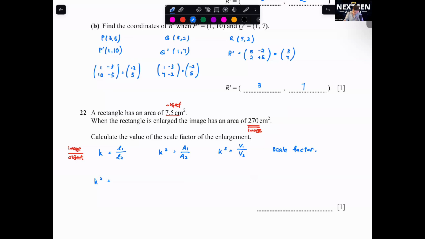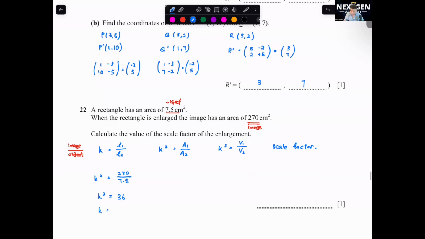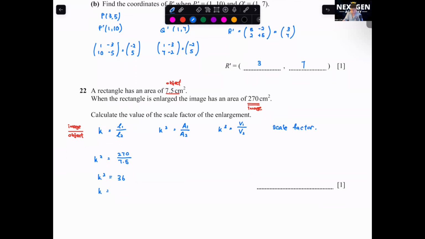K squared equals 270 over 7.5. 270 divided by 7.5 gives 36. Therefore K, by right, you should get plus or minus the square root of 36, but since the K value will only be positive, we just take the square root of 36, which equals 6.